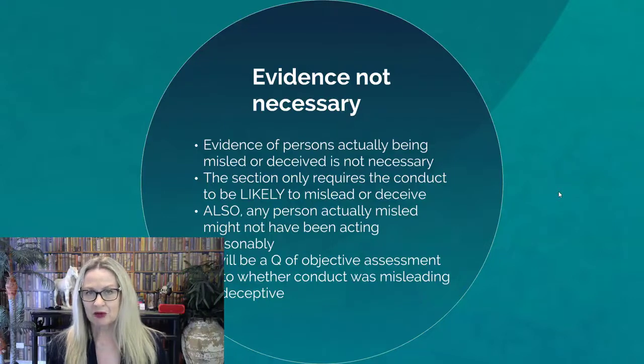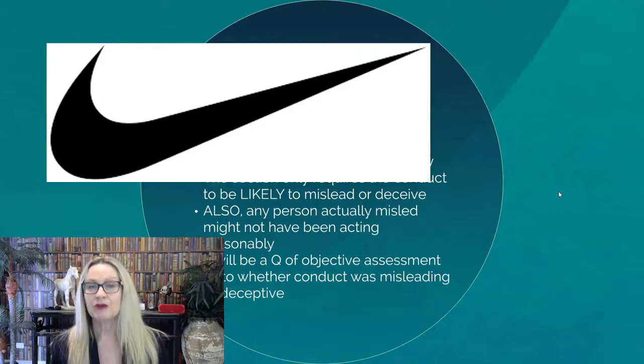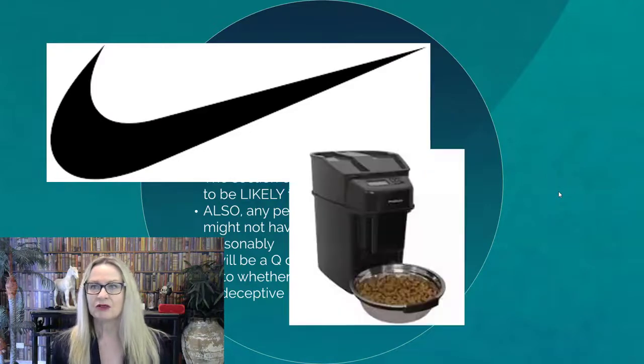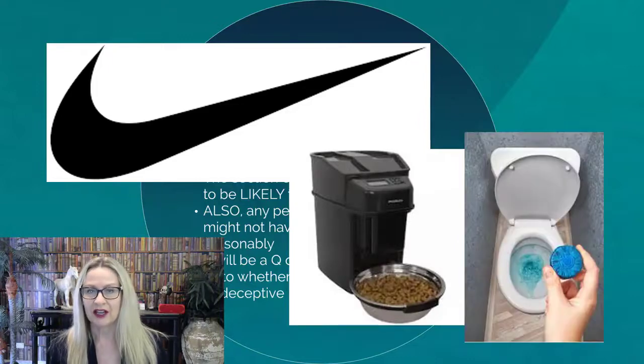There can be problems with evidence that consumers have been misled, and particularly some consumers seem to be more easily misled than others. For example, the court actually discounted some of the evidence in the Campomar Nike case that we just discussed previously, because one of them said that they thought that the Nike brand was so powerful it would even extend to things like pet food or toilet cleaner.